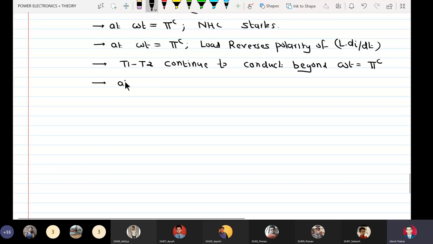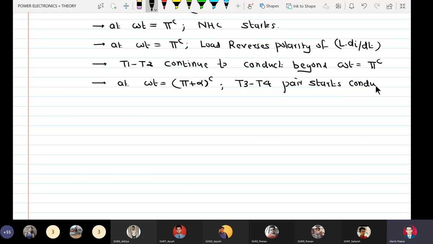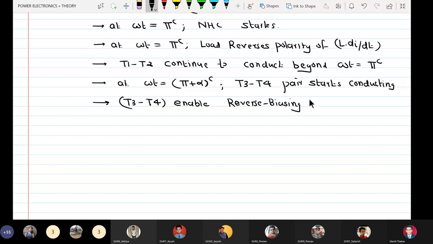Now see what happens. At omega t equal to pi plus alpha radians, the T3 T4 pair starts conducting. So T3 T4 enable reverse biasing of T1 T2.